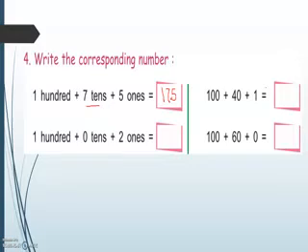Now look at this number. Here the expanded form is given. You have to write which is the number. 100 plus 40 plus 1. What is 100 plus 40 plus 1? It is 141. Or you can write like this. 100 means 1 is in the hundreds place. 40 means 4 tens.